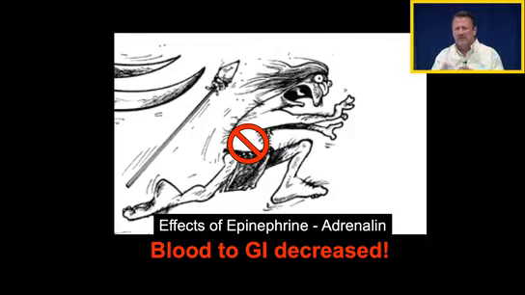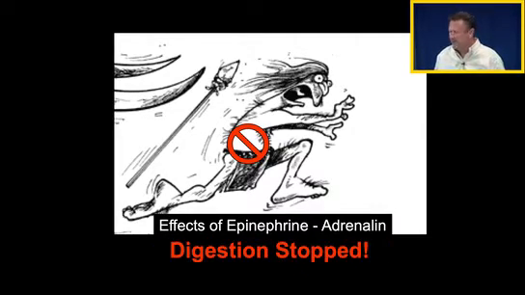And so that's the effect of epinephrine, stopping the gastrointestinal tract. And by stopping this gastrointestinal tract, we can send blood to the muscles instead. And that's why you hear the wives' tale, oh, don't get in the pool after you eat, or don't get in the ocean after you eat. You'll get cramps. And some people are very suspect of that, and other people are not. But that's where that comes from.